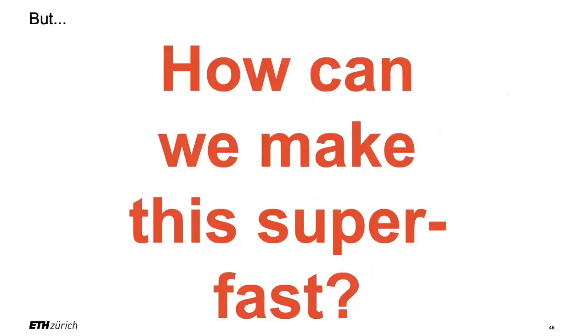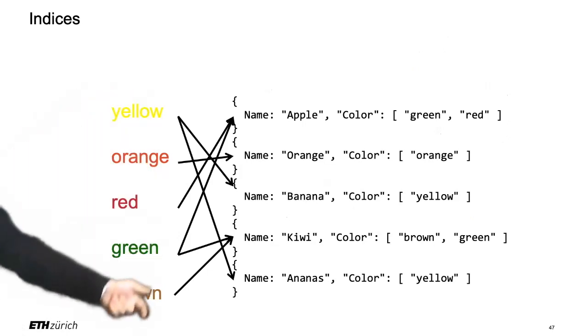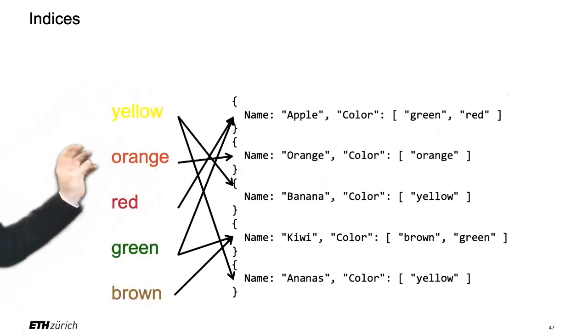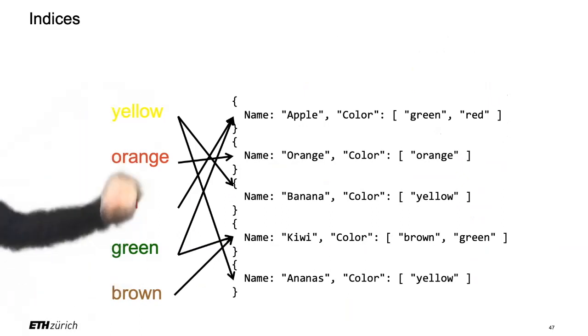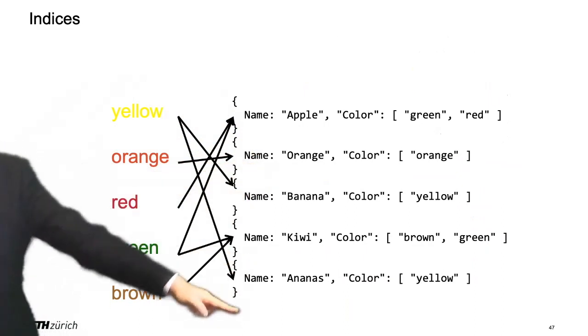Okay. So the question is, how can we make these queries super fast? And we do this by indexing stuff. So an index is a structure, a little bit like what is here, that basically lists all the values you want to use for your query. So here you index by color, and every color points to the documents that have it.